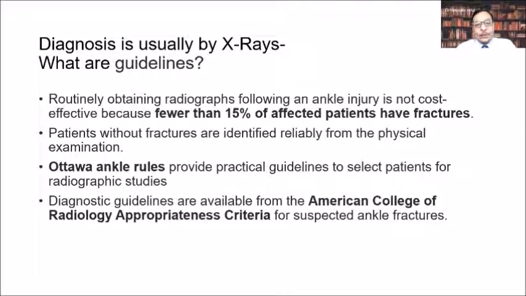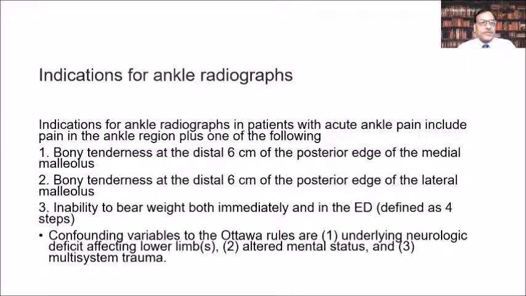The Ottawa rules give a practical guideline on when to do the X-ray, and there is another one which is called the American College of Radiology appropriateness criteria for doing X-rays. Indications are bony tenderness at the distal 6 centimeters of the posterior edge of the medial malleolus or the posterior edge of the lateral malleolus, same 6 centimeters, or inability to bear weight both immediately and in the ED, where you are examining the patient, defined as 4 steps.